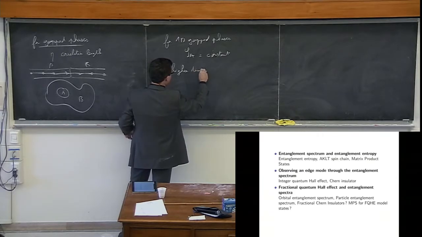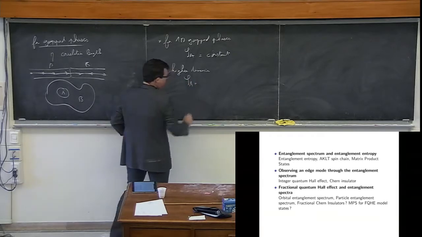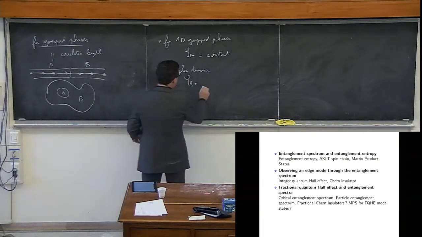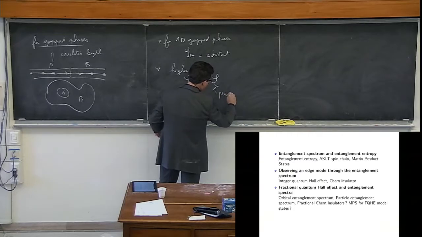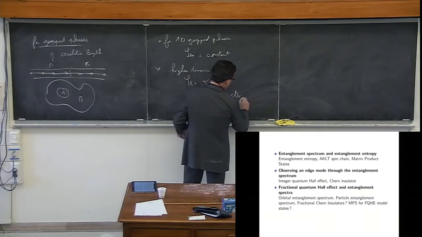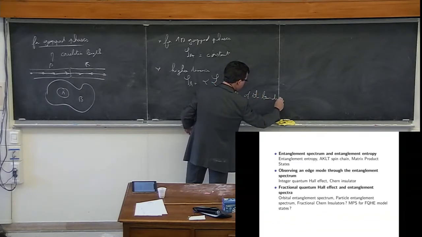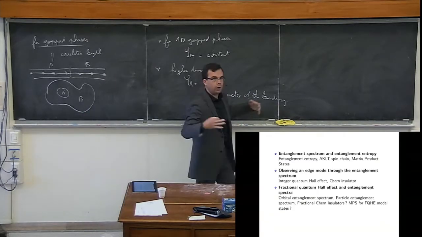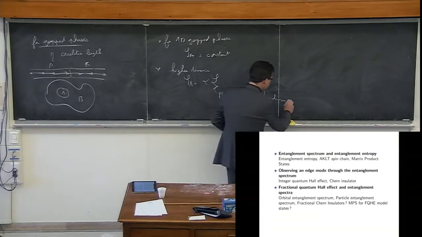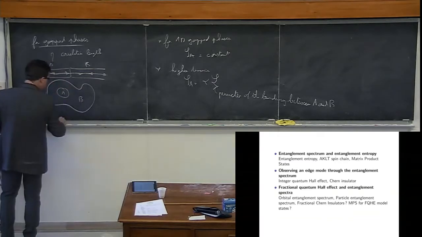For higher dimension, in that case, the entropy will grow linearly, not with the volume, but with the perimeter of the boundary between A and B. So L is just the length here.